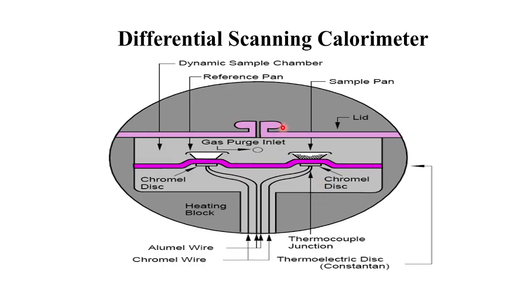So this is the schematic diagram of a DSC. These are the two sample holders. This one is the sample holder, this one is the reference, or this is reference, this is sample.